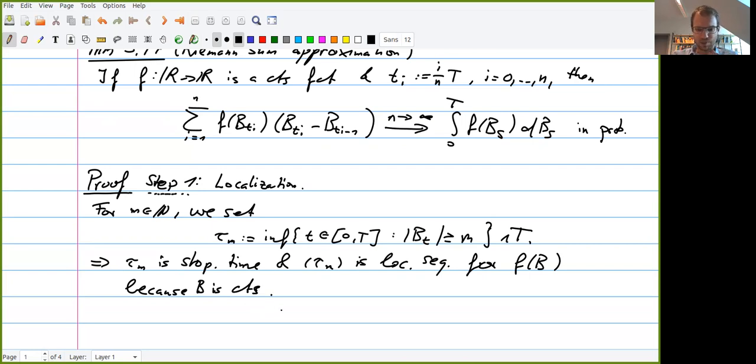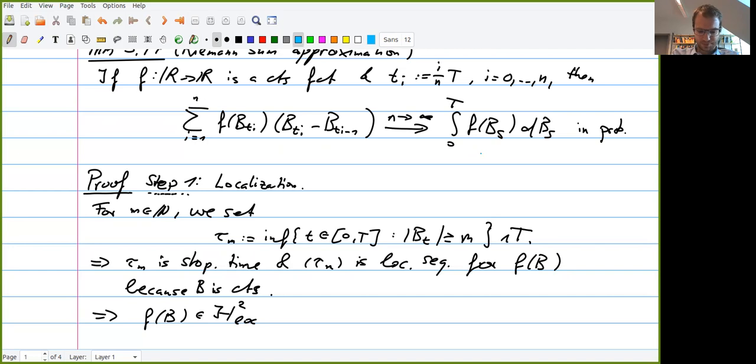Okay, we have seen this argument before. In particular, as we have also said in a remark after our motivating example, this means that f applied to the Brownian motion is in the space H2 log. So this means in particular that this is well defined.